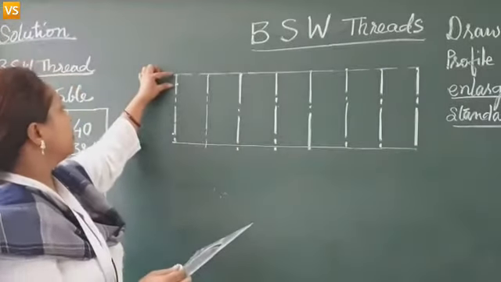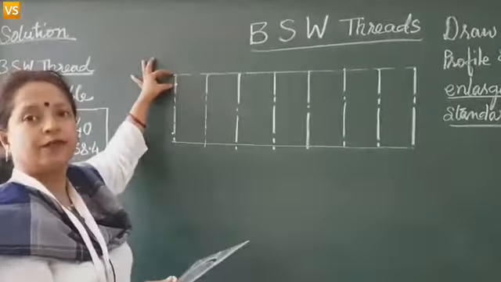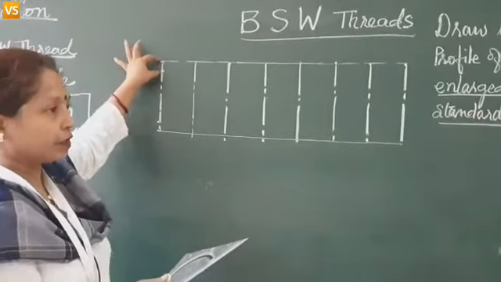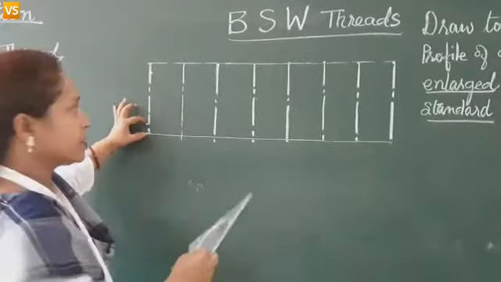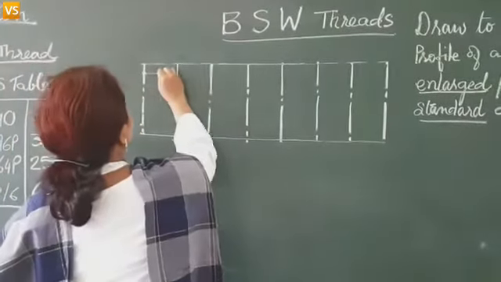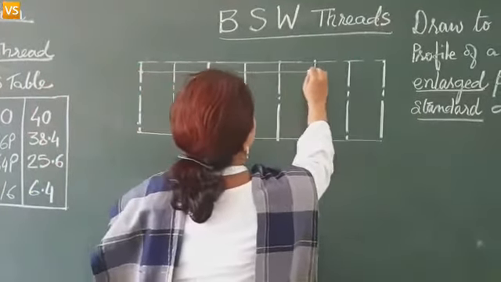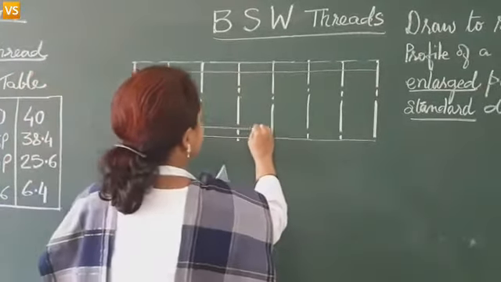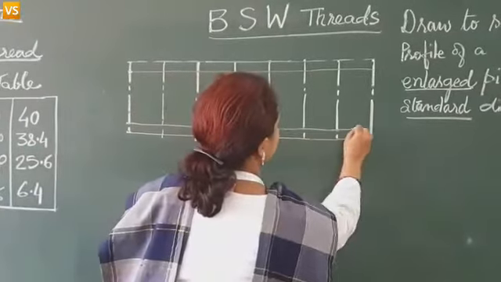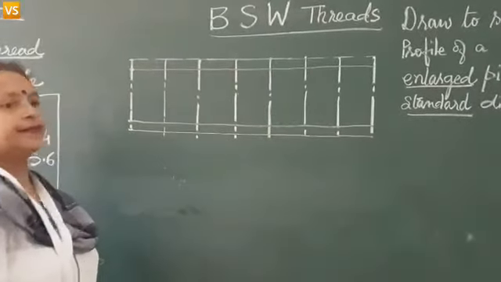Now, I will make another thin faint continuous line at a distance of 6.4 from this line, similarly 6.4 from this line. It is only in BSW thread that we have equal values on both sides, that means at the root as well as the crest end.